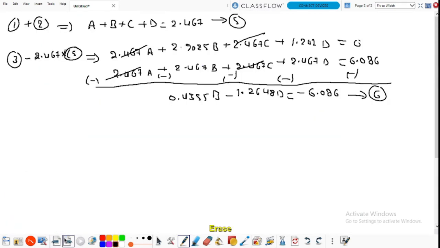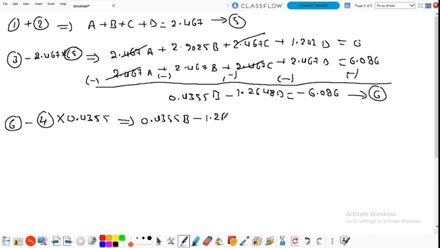First note down equation number 6. Equation number 6 minus equation number 4 multiplied with 0.4355. Equation number 6 is 0.4355b minus 1.2648d is equal to minus 6.086.